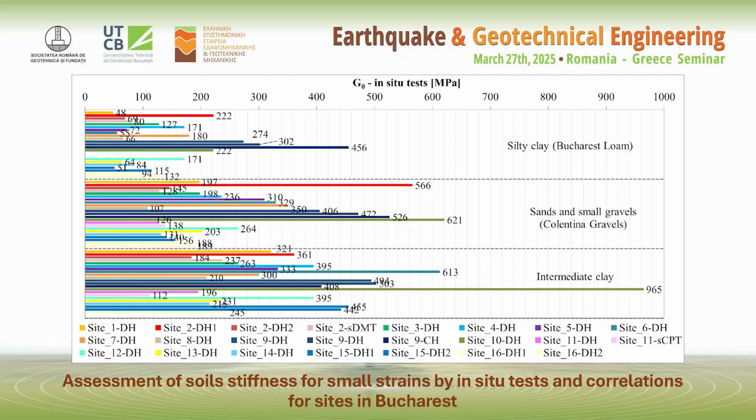Then we have Colentina gravels, which are actually sands with maybe small parts of gravels, usually medium dense. Then the intermediate clays, again quite stiff, and sandy clays. These are the most relevant layers that we need for our usual geotechnical problems.